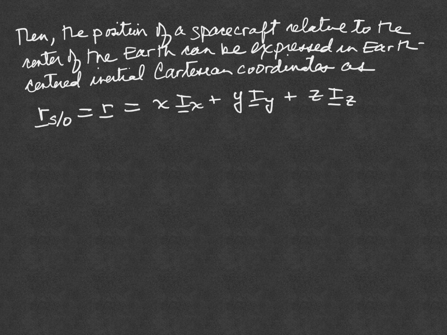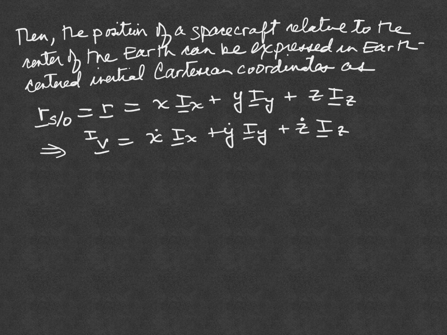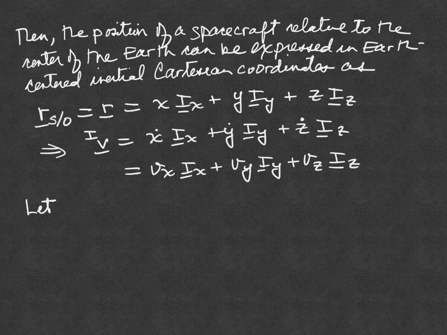Now, given that this basis is inertially fixed, that implies that the inertial velocity is equal to x dot Ix plus y dot Iy plus z dot Iz, which will be referred to as vx Ix plus vy Iy plus vz Iz. So what that means is, I'm going to use this basis.